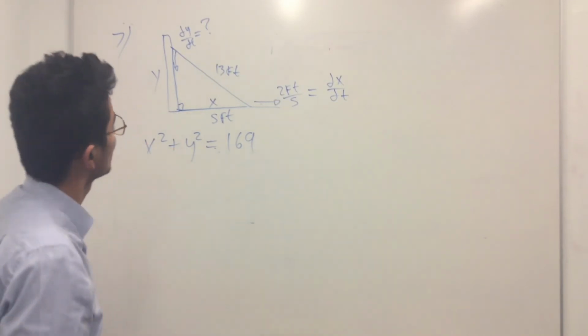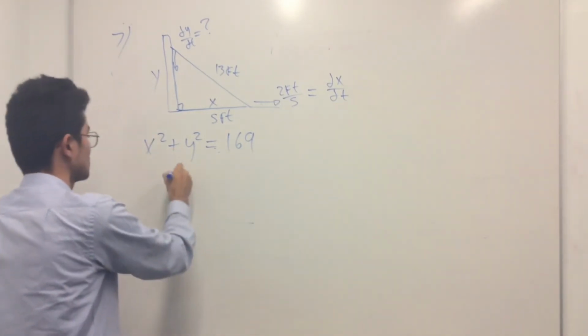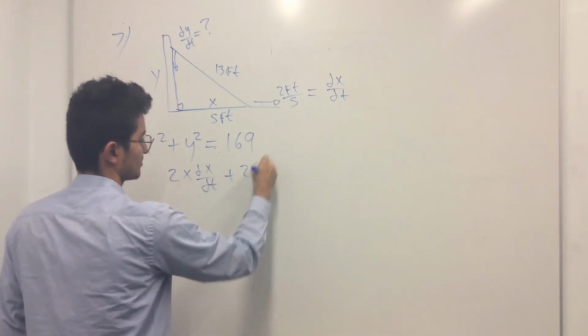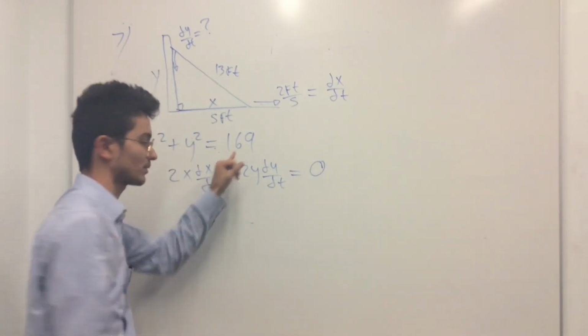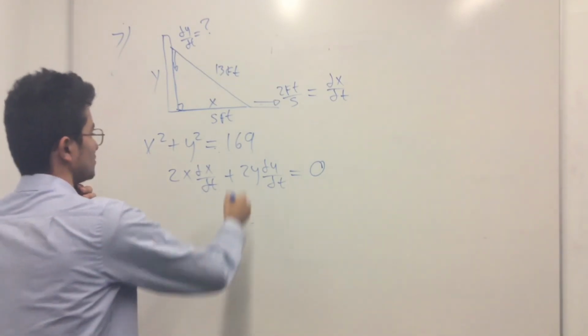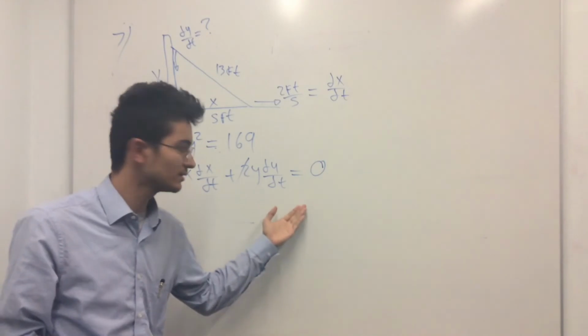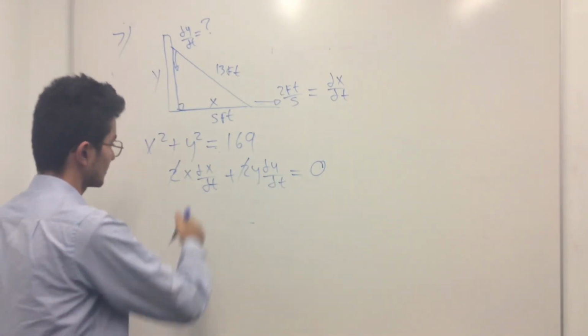Now over here, what we could do is implicitly differentiate this. So we can say that 2x dx over dt plus 2y dy over dt equals 0. The derivative of a constant is 0. And look at that, the 2's cancel out, and we're left with this. We're looking for dy over dt, the first time derivative of y, that's going downwards.